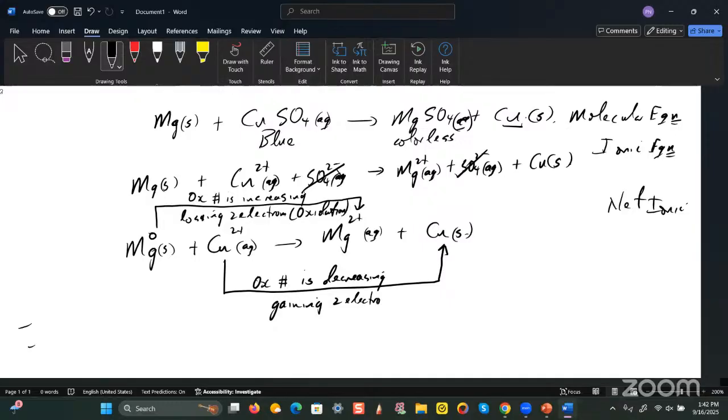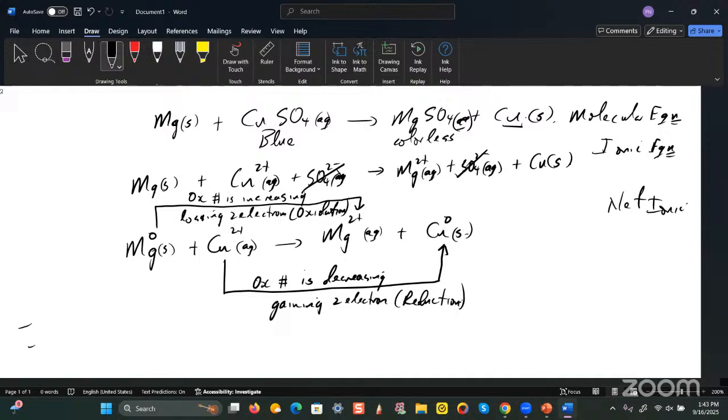In other words, the copper 2+ is undergoing reduction. So basically, that's what is happening to the copper 2+. It's gaining 2 electrons. Its oxidation number is decreasing from +2 to 0, and therefore copper 2+ is undergoing reduction in this process.